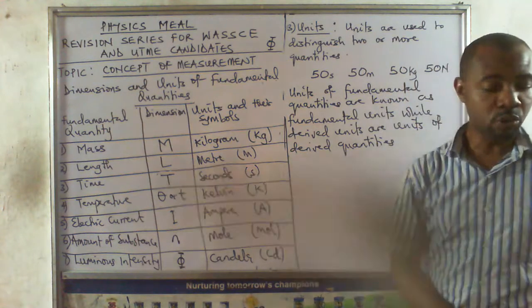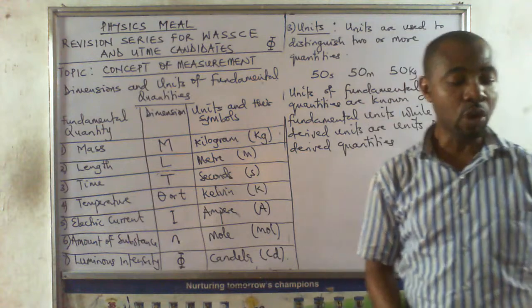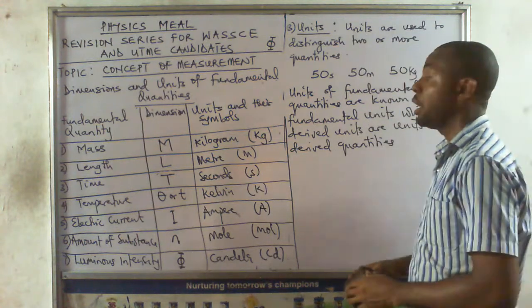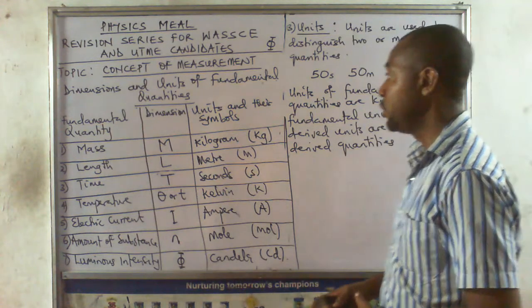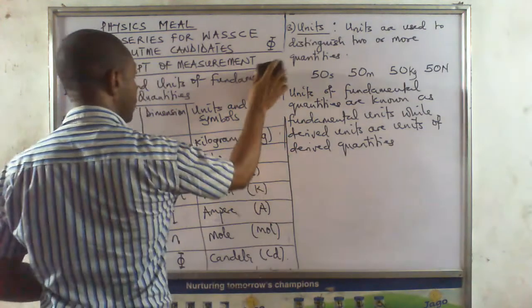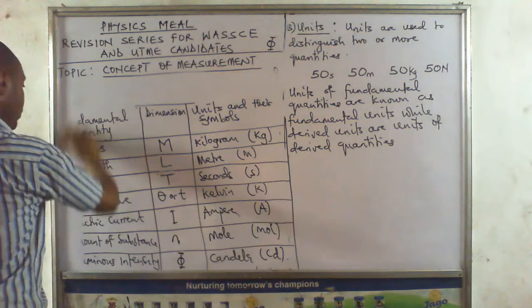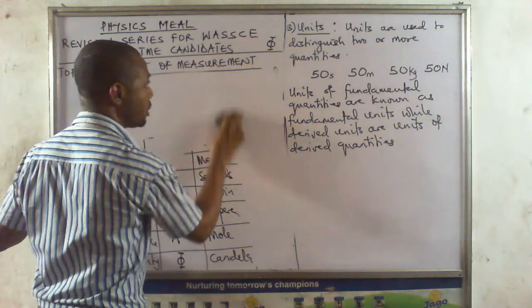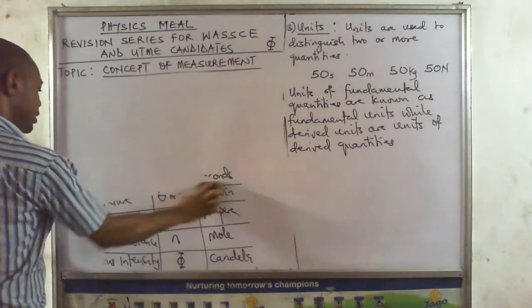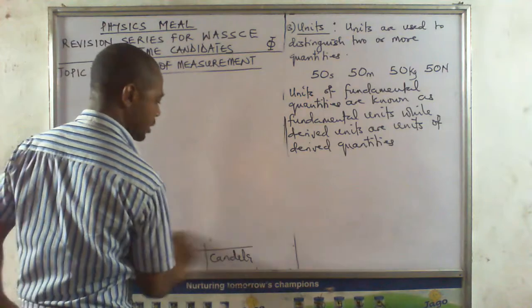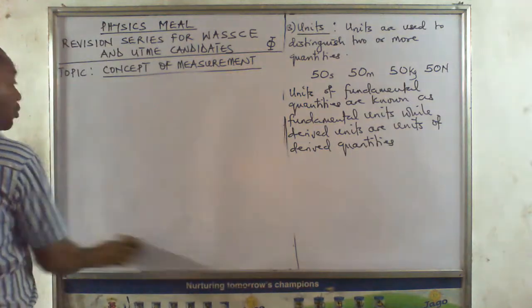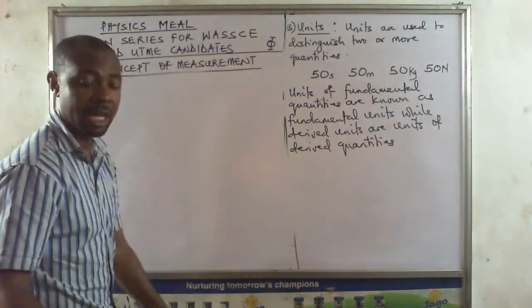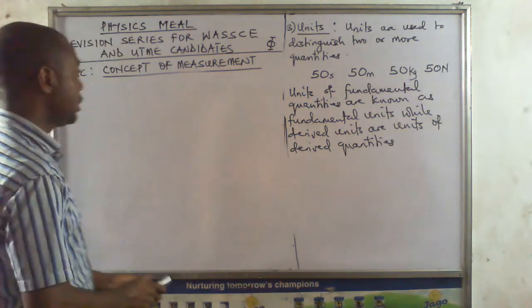So today we are going to look at how to obtain the dimension and units of derived quantities. We have looked at the dimensions and units of fundamental quantities, so our business today is how to obtain the dimension and units of derived quantities.